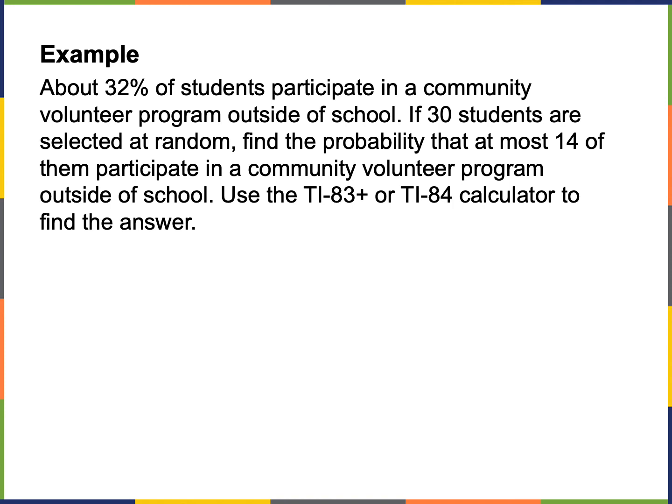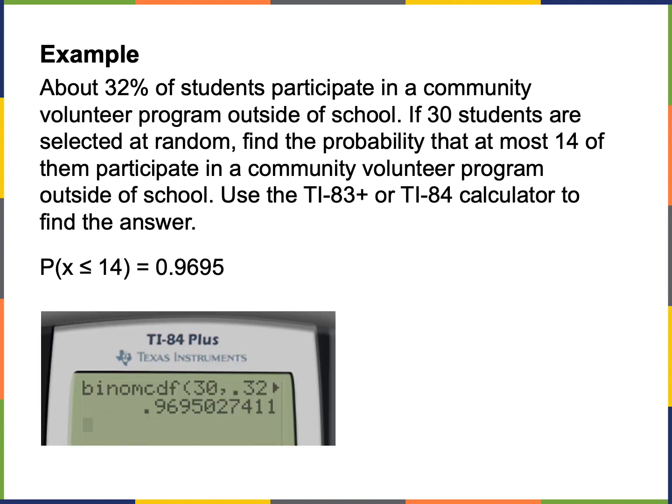So again, you would do a binomial CDF, right? You would enter 30, 0.32, and then 14. You can go ahead and try that, and the correct answer is 0.9695, and you can check that with your calculator.